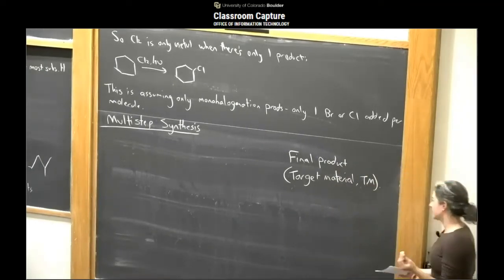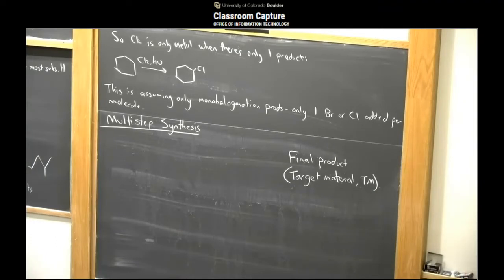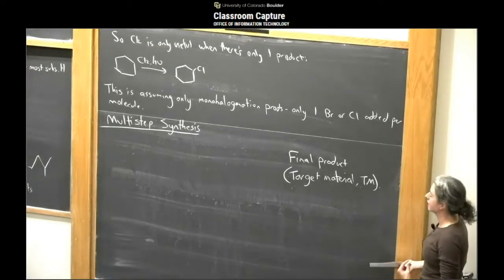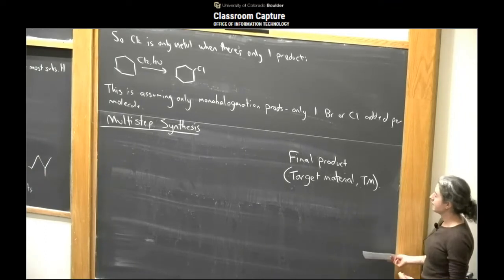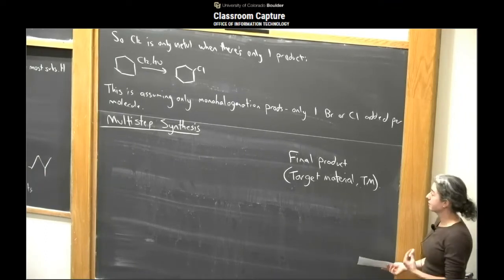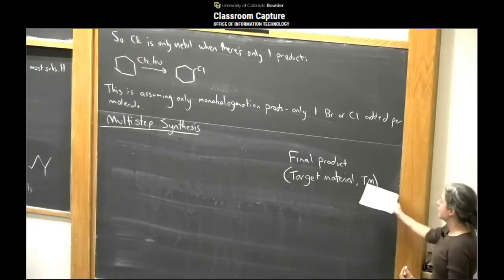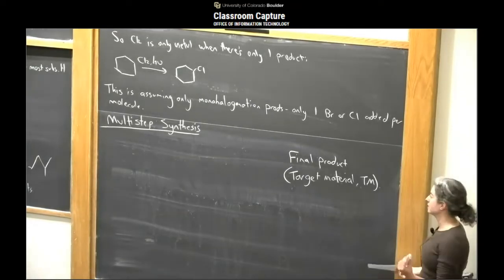And this might be something that we want to make because we happen to know that it has properties that we find extremely useful. Like maybe your final product happens to be something that people know kills a certain type of cancer cell, or maybe it makes a certain type of liquid crystal or polymer or something. It's just some molecule that we want to build.